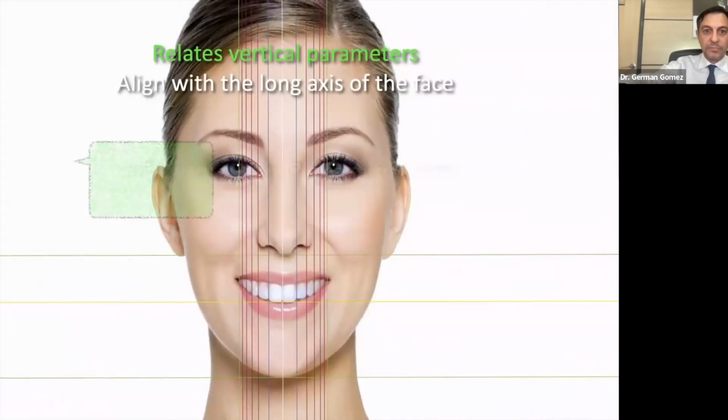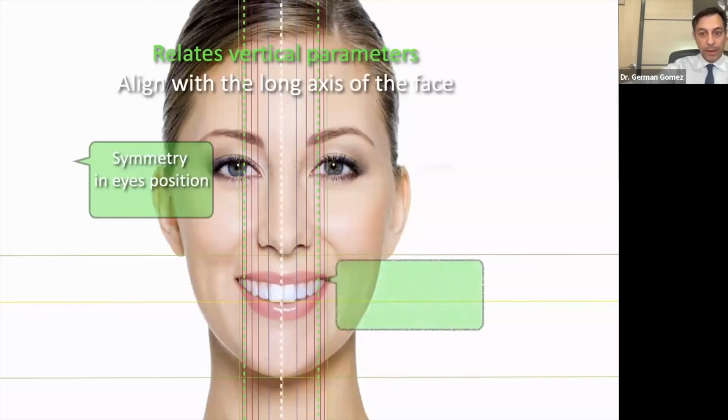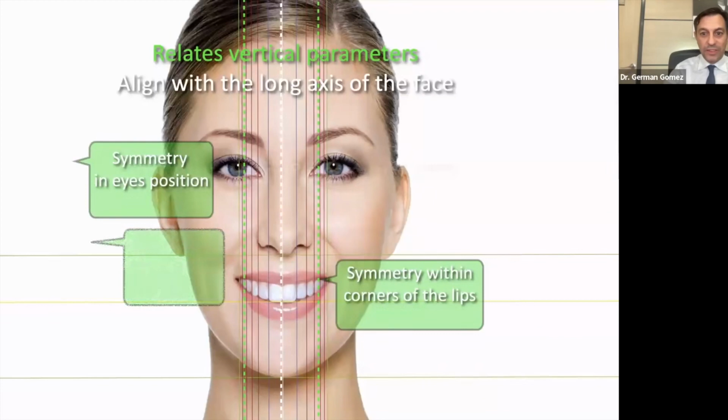Now, is there a symmetry in the eye position of the patient? In this case, no, by the way. This eye is more out than this eye, according to the midline axis. Is the nose symmetric?